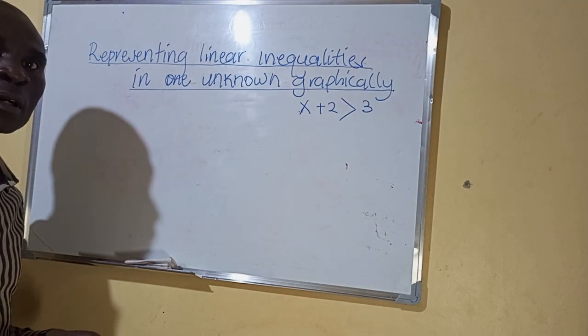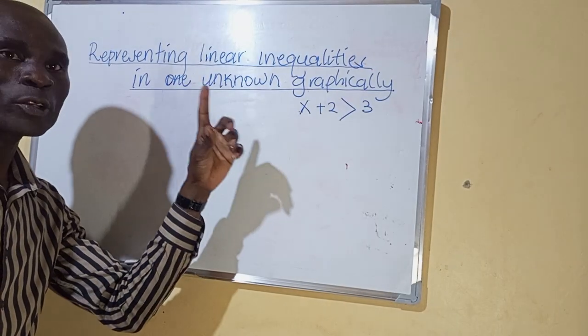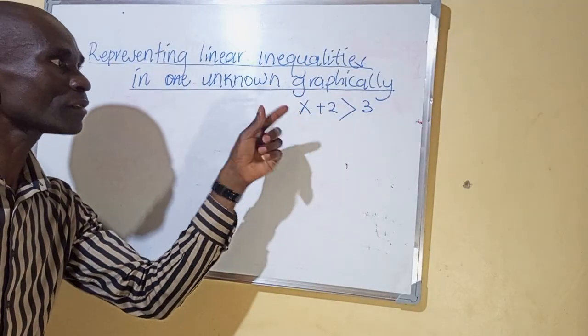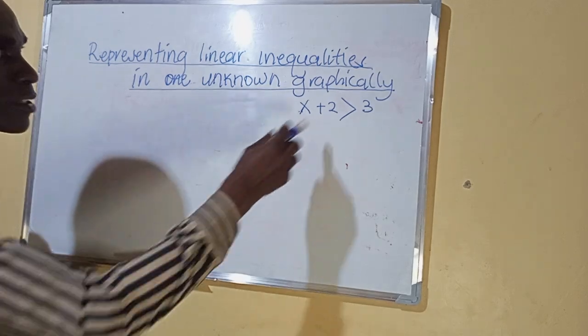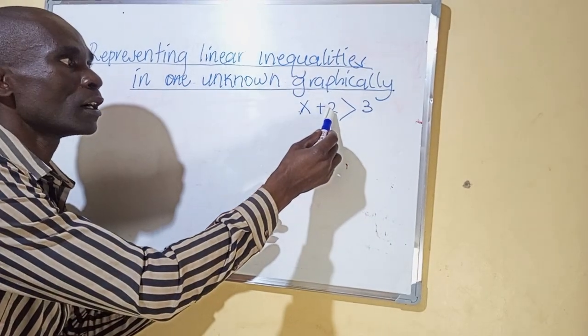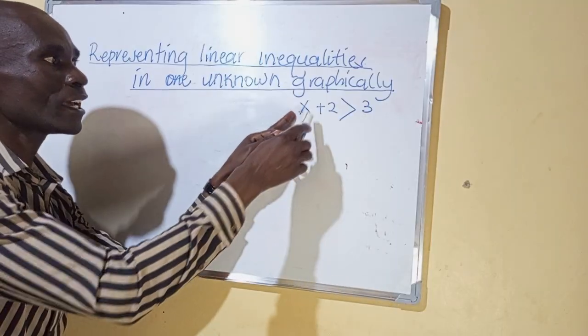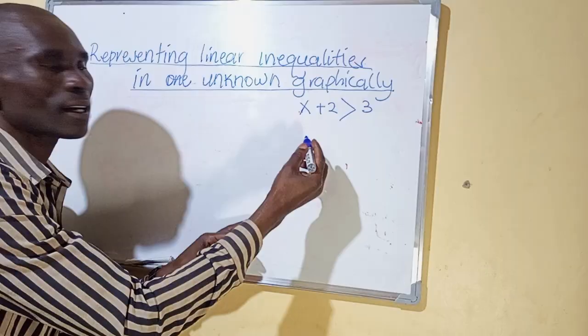What do we do? First of all, we must ensure that there is a value that we are comparing x with. So there is the value that we are comparing the unknown with. So what we do in this case, we have to move this particular number that has an x with it to the other side, just as we did in the other classes.